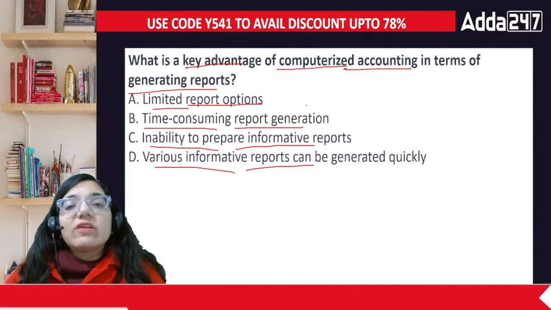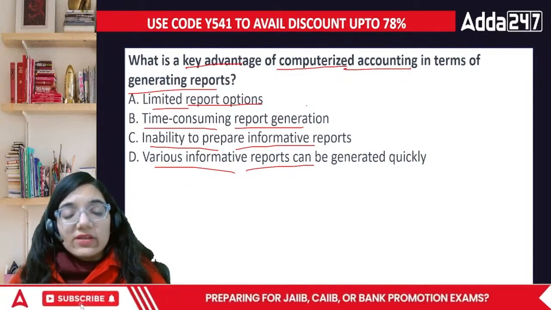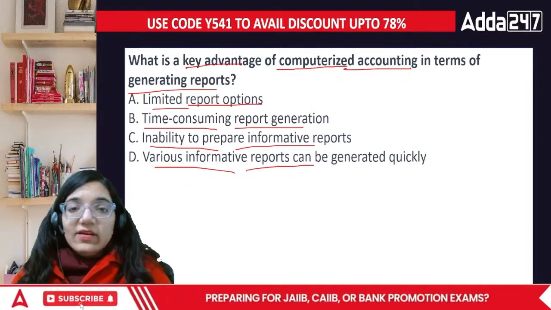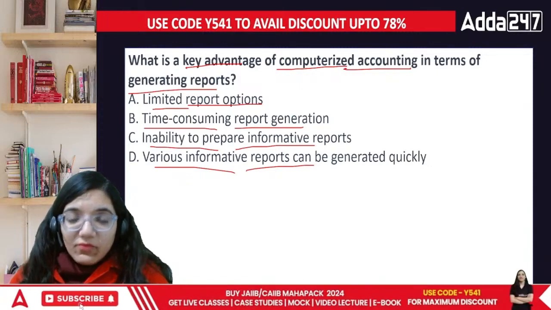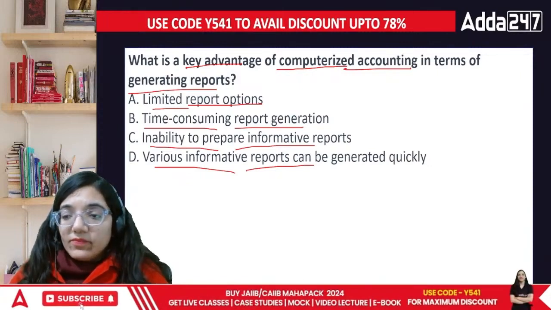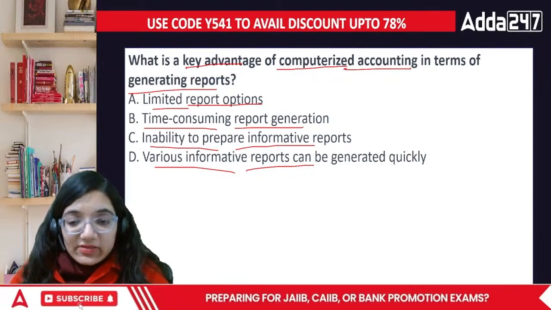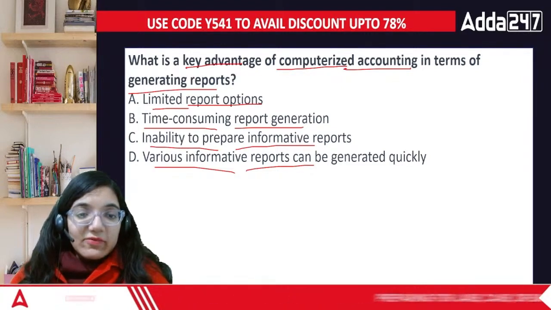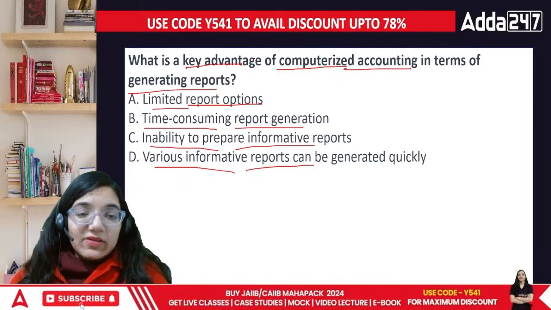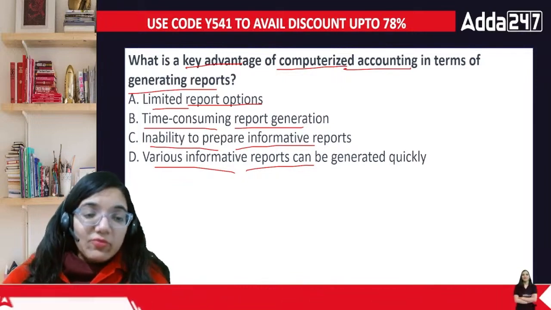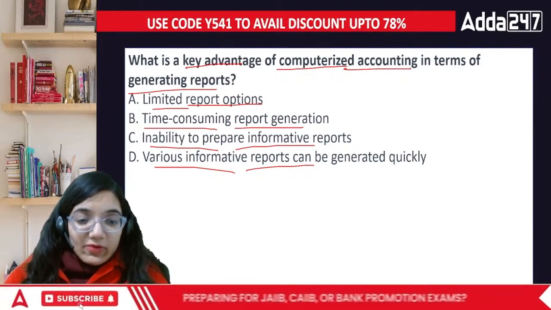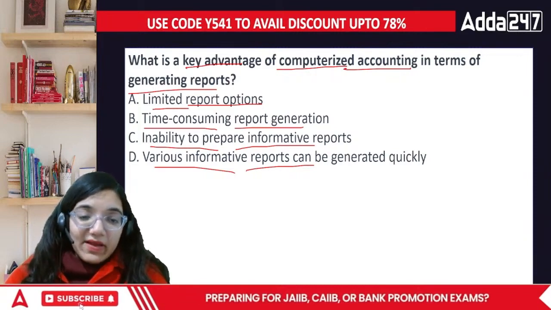When we talk about the key advantage of computerized accounting, one of the strongest points is we don't have to prepare all the things manually. We put up all the information in the banks, right? We put up all the vital information and whatever we are dealing with, ultimately you get the working in a simpler manner.